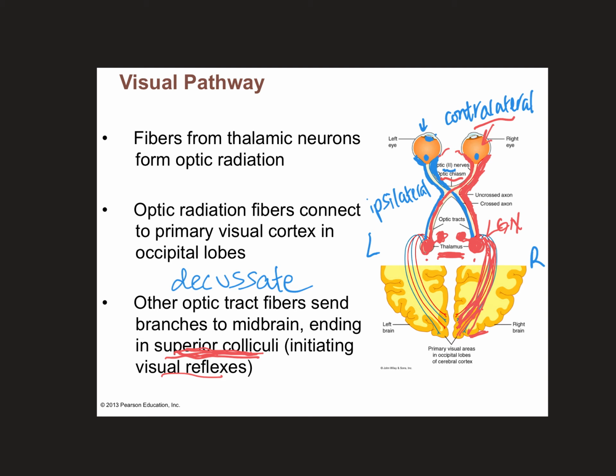The only thing that's going to pop off of that are just necessary visual information traveling to the superior colliculi to initiate reflexes so that you don't get smacked in the face.